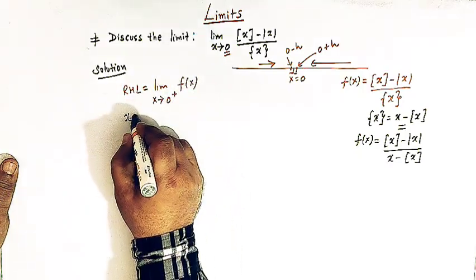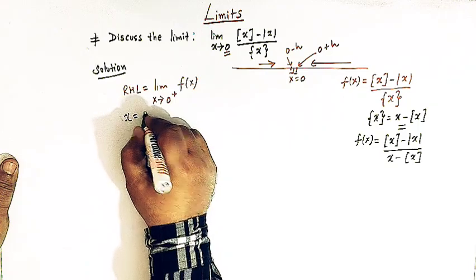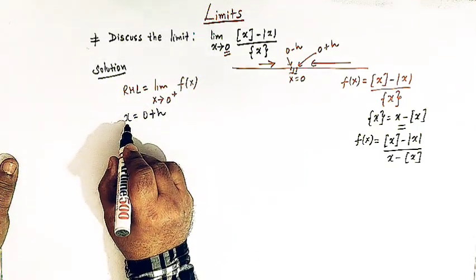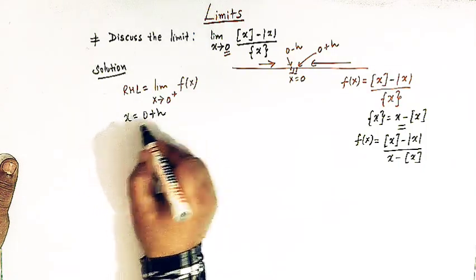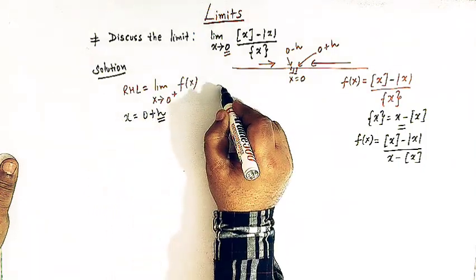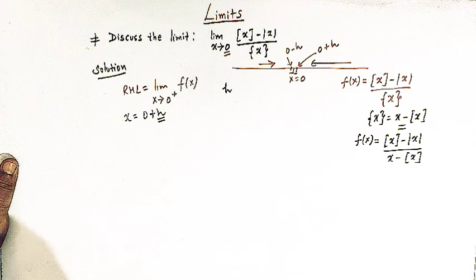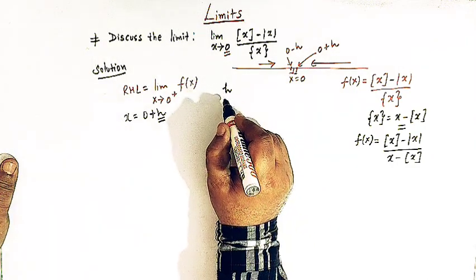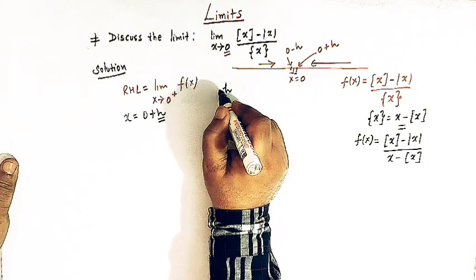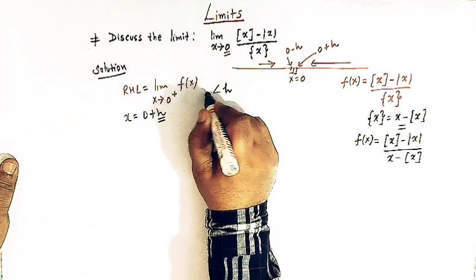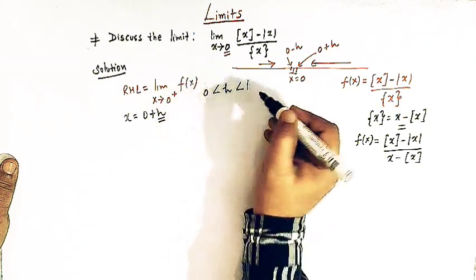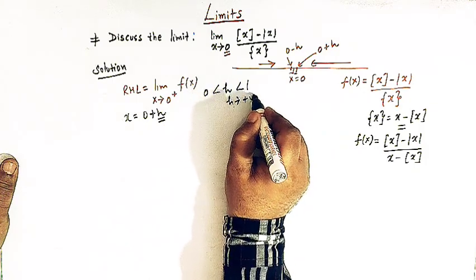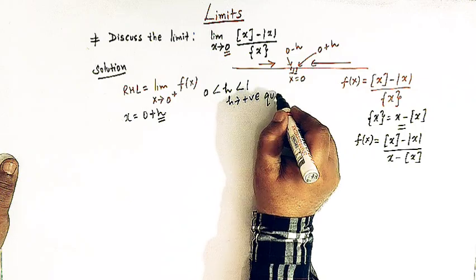Now the notation for the right hand limit is given by this notation. We'll take x equal to 0 plus h, where h is a very small quantity, also known as infinitesimally small. But it lies between 0 and 1, implying that h is a positive quantity.